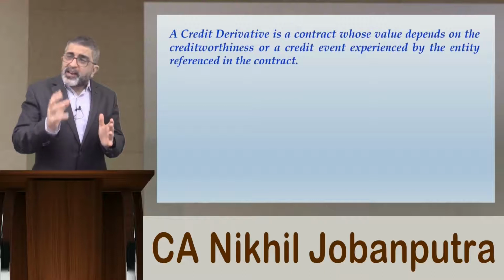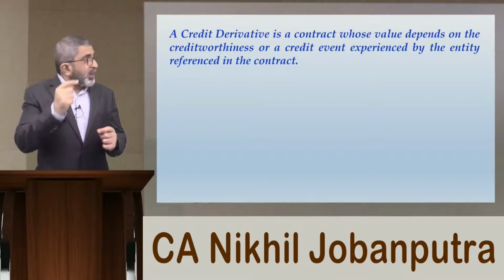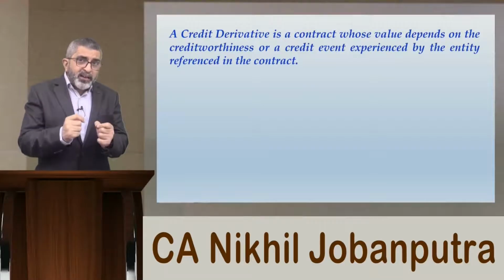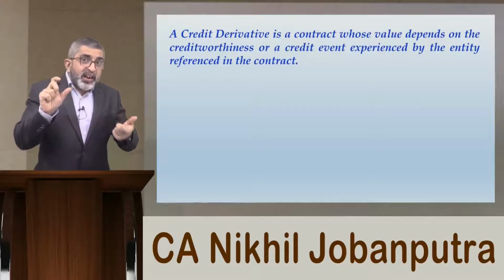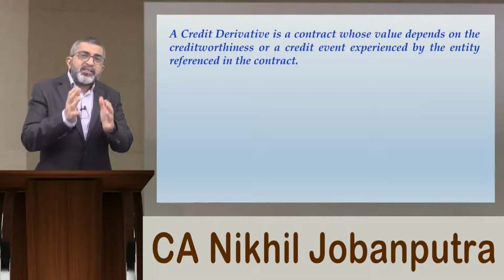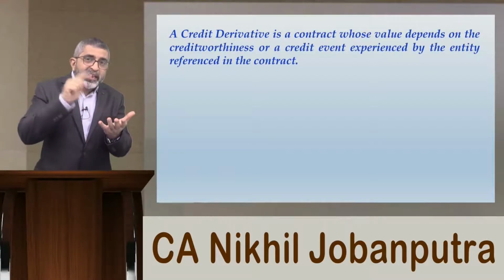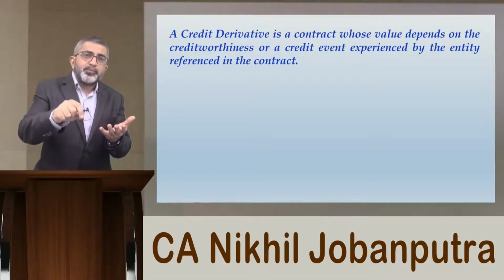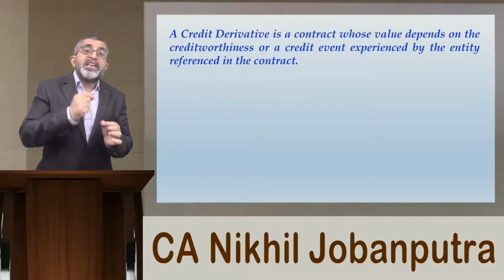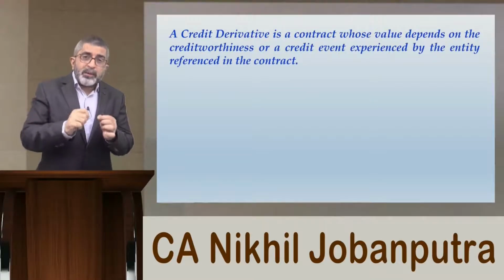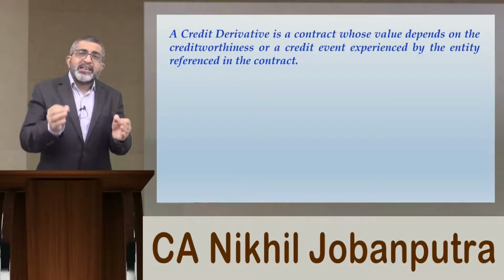You should understand referenced entity is the primary borrower, and in that same paragraph you would find that the word credit event is given. What is that credit event? The credit event is basically a trigger point which causes a settlement position in the derivative contract. So basically it is the point of default made by the borrower. That means when the borrower makes a default, that is called the credit event.